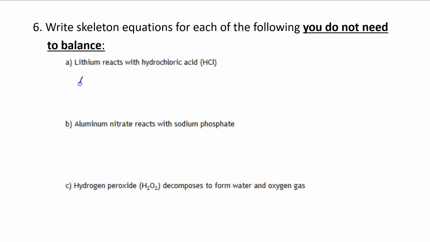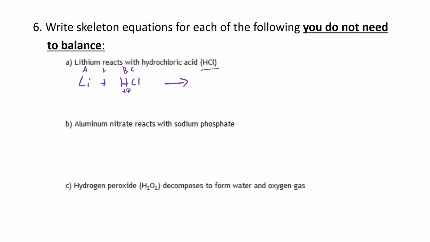So here we have lithium. Lithium all by itself. That's a simple one, right? It's going to react with hydrochloric acid, and I even give you that formula because we've not taught you guys the acid naming and formula rules yet. All right? So I need to now predict what my products are going to be. So I would predict this follows that single replacement reaction, right?